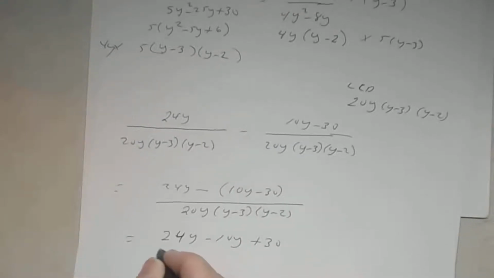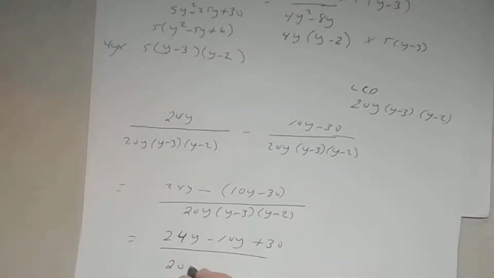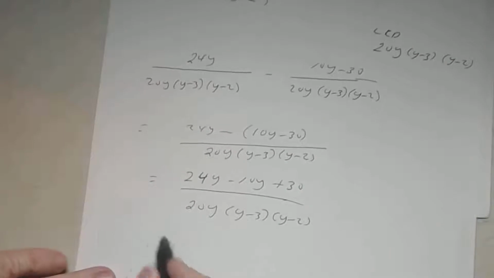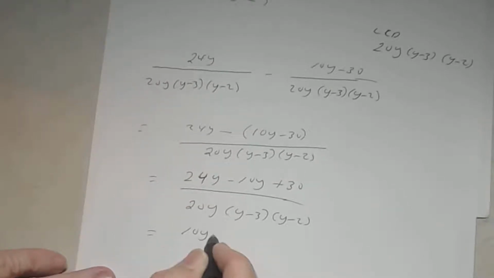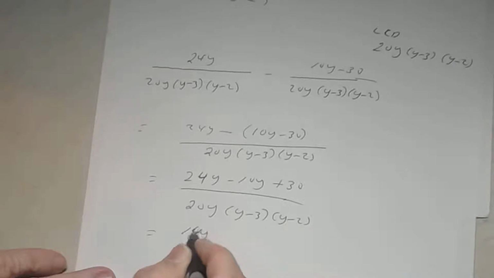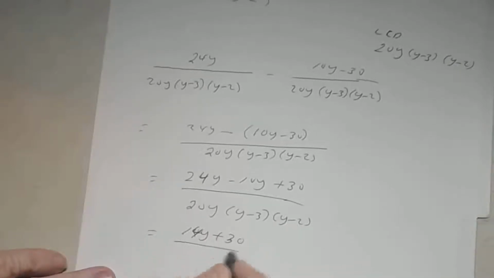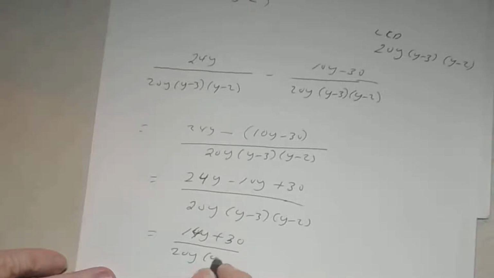Combine like terms: 14y plus 30, over 20y, y minus 3, y minus 2.